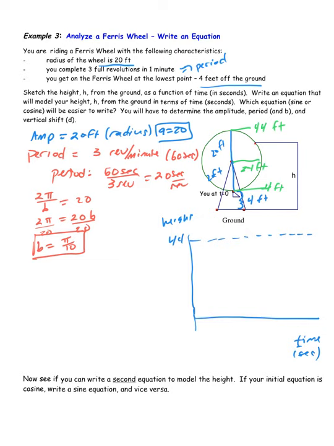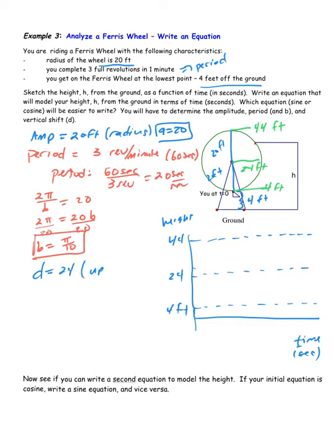We know the midline is at 24 feet. So I'll draw that in at 24. And the minimum points are going to be at the bottom of the wheel, which will be at 4 feet. Okay, so from this, we know that the midline is at 24 feet. So that means that d is going to be 24, right?